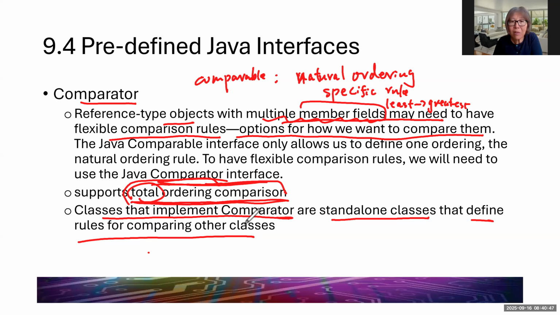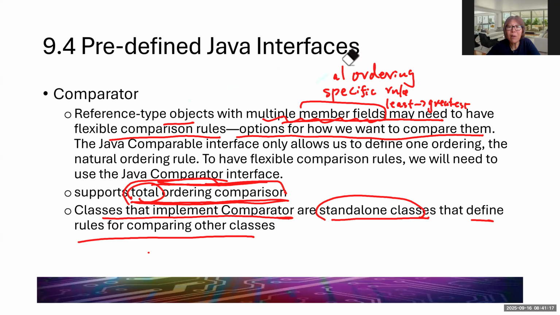This is different from the Comparable interface, which goes with the class itself. We will see that in our example. The key difference is its support for total ordering, which provides more flexibility to do comparison using different sets of rules, not like natural ordering, which has just one specific rule.